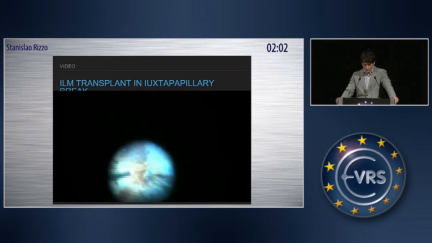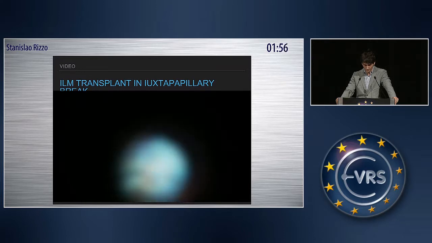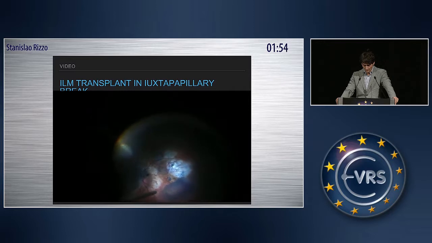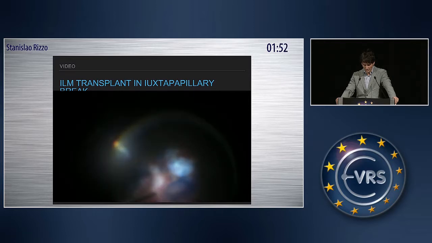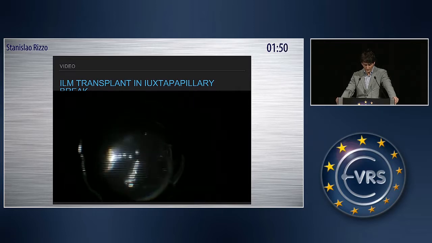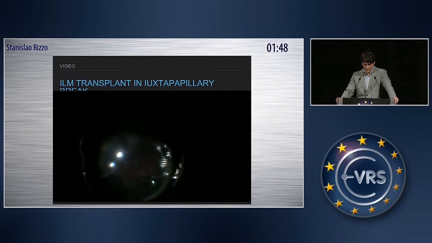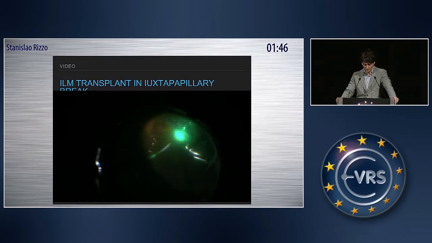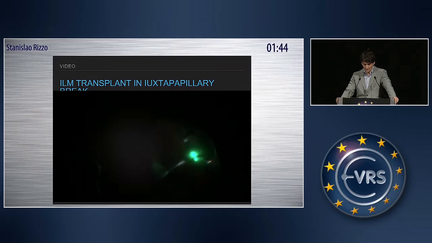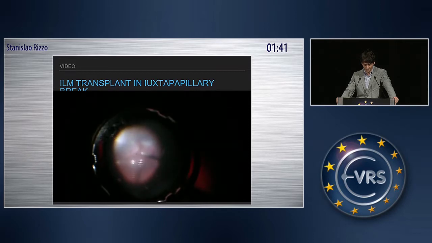Inverted flap inside the break, inverted flap inside the macular hole. No laser. This is after the surgery, at the end of the first surgery. Fluid air exchange, and laser only 360 degrees in the peripheral part, and silicone oil.